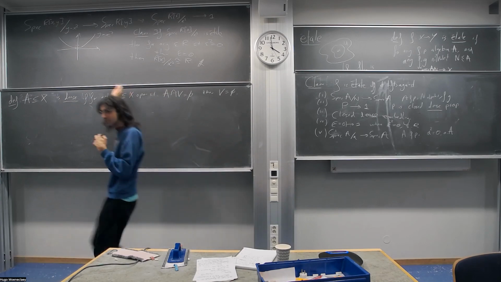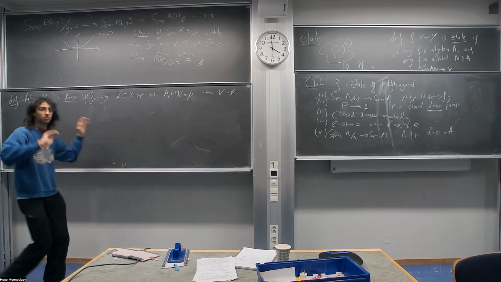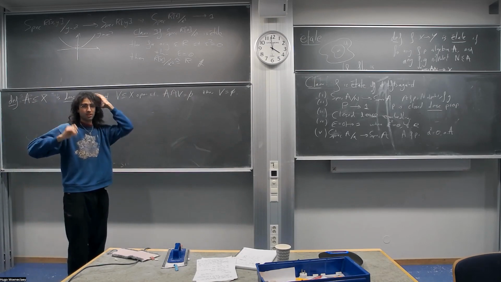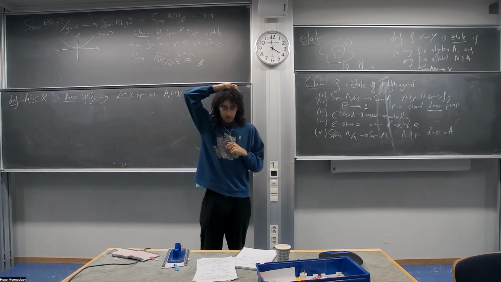I guess this makes intuitive sense if you know anything about denseness: if you're dense, you should intersect with every open set. Somehow you don't miss any part of your space.